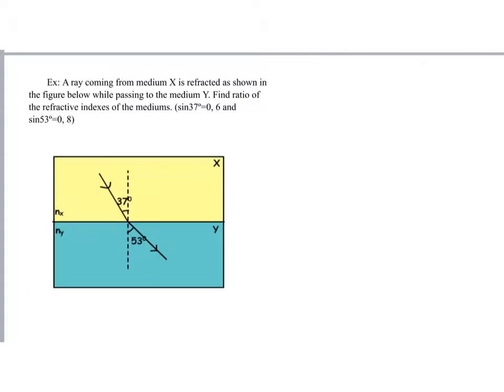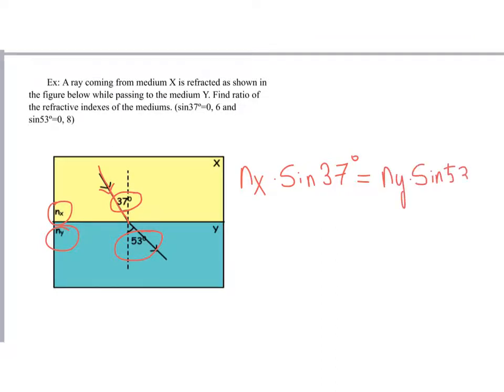Let's apply the Snell's law. The ray coming from nx with an angle of 37 degrees, so nx times the sine of the incident angle should be equal to ny times the sine of angle of refraction, ny times the sine 53.